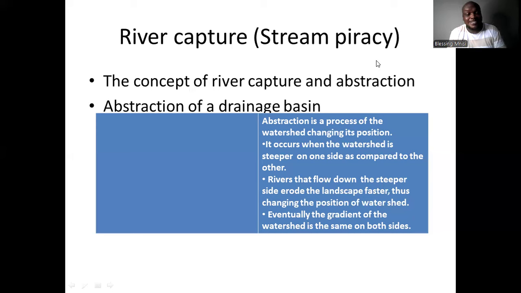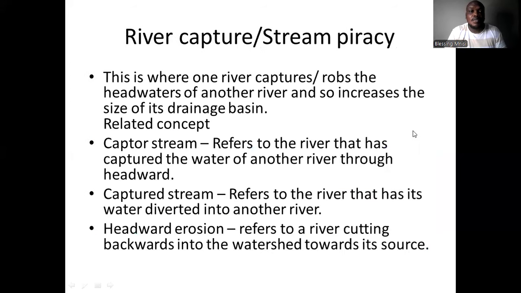Eventually, when there's this change, the gradient of the watershed will be the same on both sides.